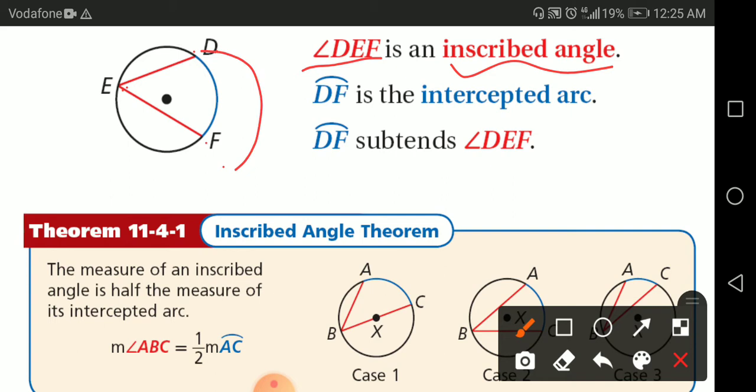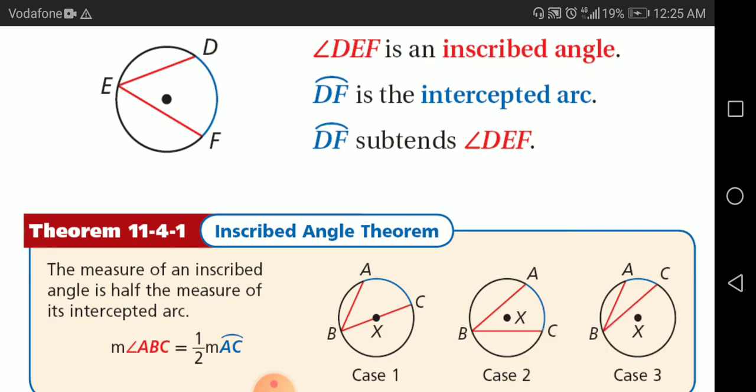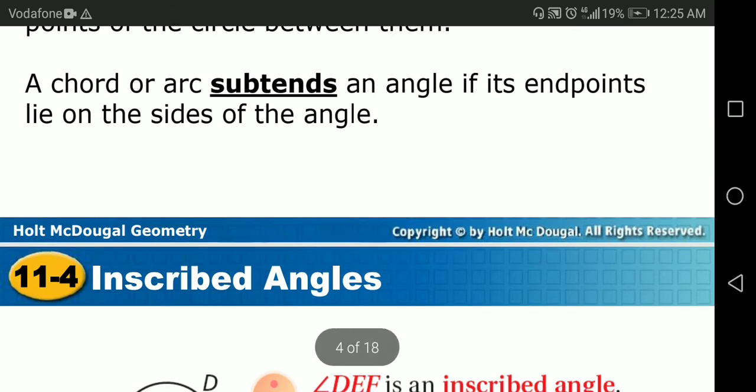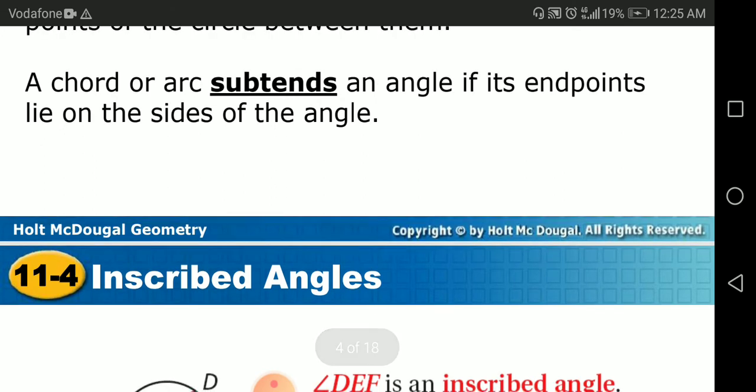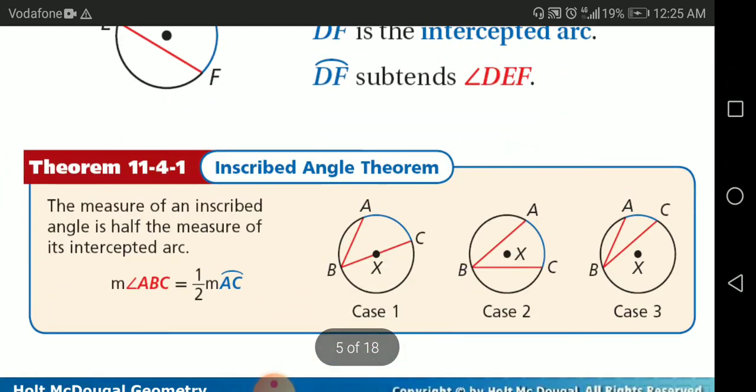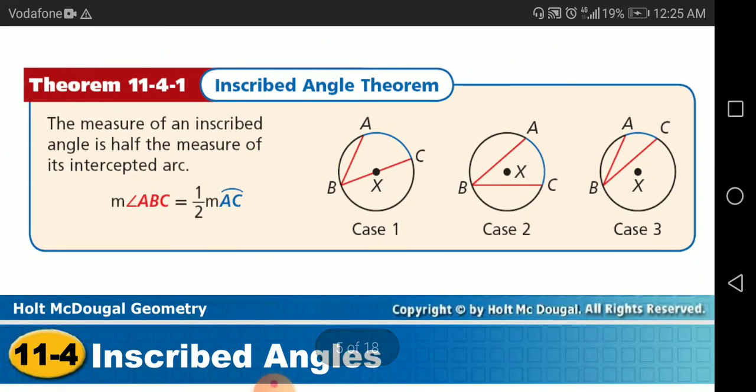The arc DF subtends angle DEF, which means an arc subtends an angle if its endpoints lie on the sides of the angle. Okay guys, let's see the rule here.